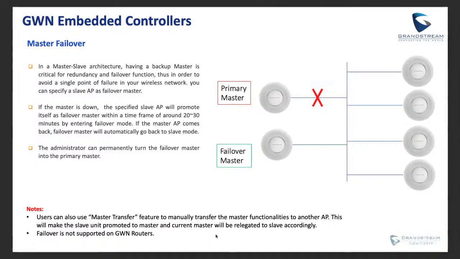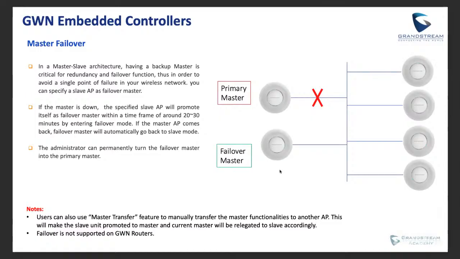Talking a little more about master failover, Grandstream recommends having a failover or a second master, where if your primary system shuts down, loses power, or stops working for whatever reason, you have another system in place to take over.